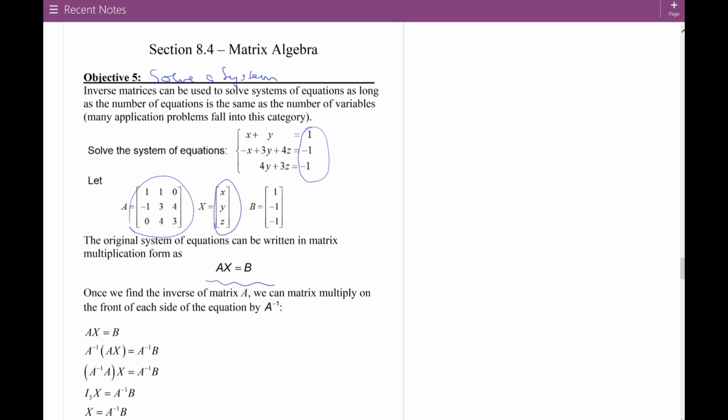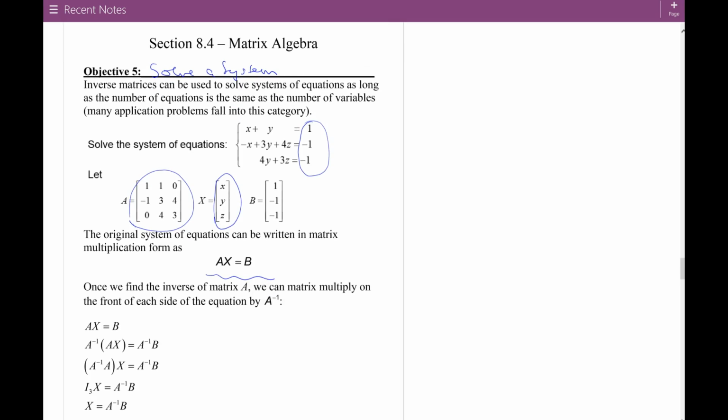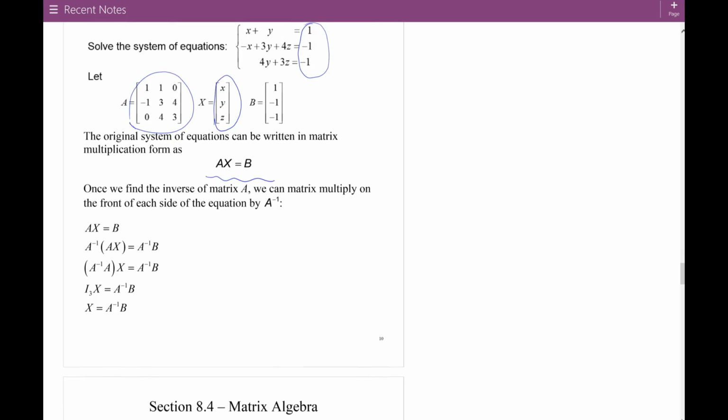And once we find the inverse matrix of A, then we can multiply on the front of each side by A inverse, and using all the properties that we've just learned, we can see that if we take the inverse that we find and multiply it by the column vector of the constants, that will give us a column vector that tells us the values of the variables.